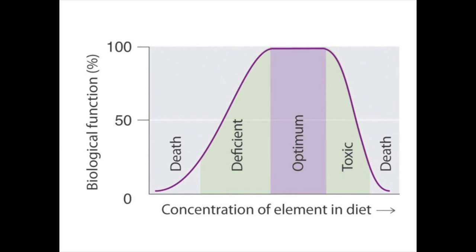Now, we know with the B complex vitamins and vitamin C that is not really a concern because you excrete it so readily. But with something like vitamin A, an excess of vitamin A, you could see a toxic effect where the function of your body is harmed and ultimately could lead to death.